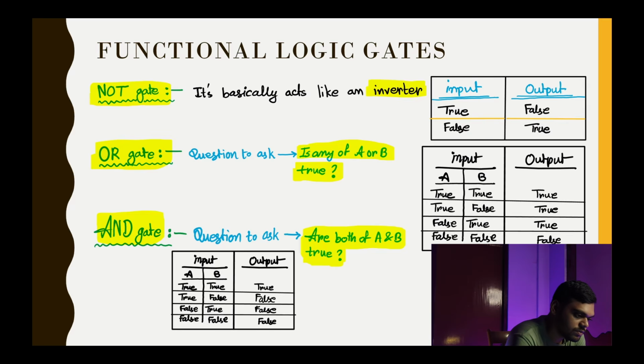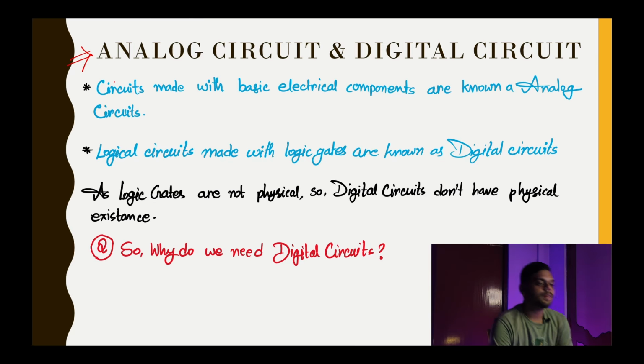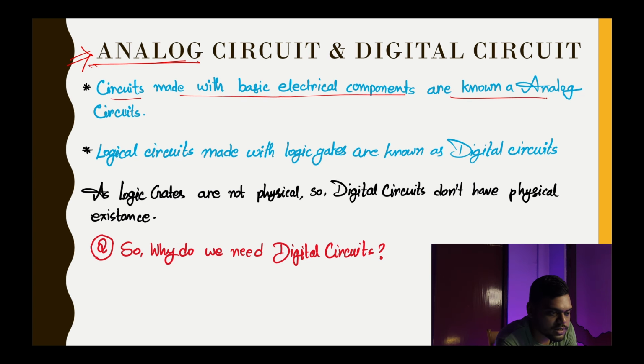Okay, moving forward. Now we are here, analog circuit and digital circuit. What is an analog circuit? Circuits made with basic electrical components are known as analog circuits. Aren't we familiar with analog circuits? Yeah, we are. Till now, what circuits have we drawn?